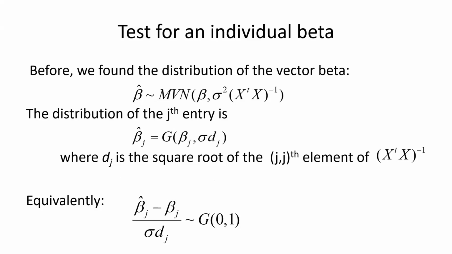You could, but often we are just interested in individual betas. So if I take one individual beta, like j is 1, then I have just a normal or Gaussian distribution with beta j here. So this is just one entry of the vector.